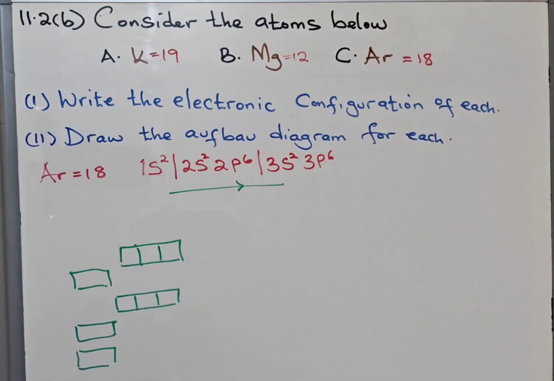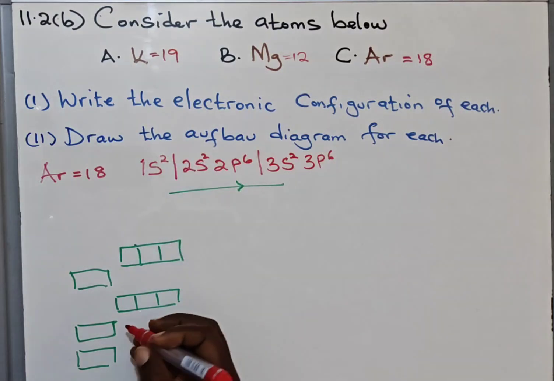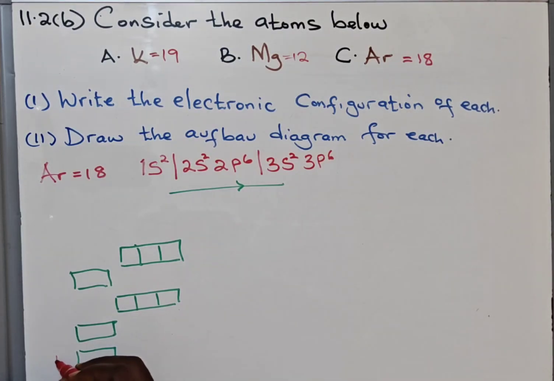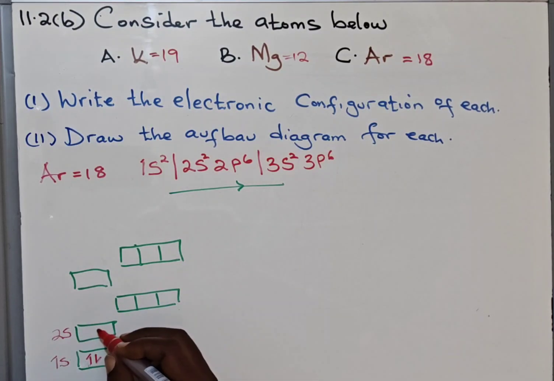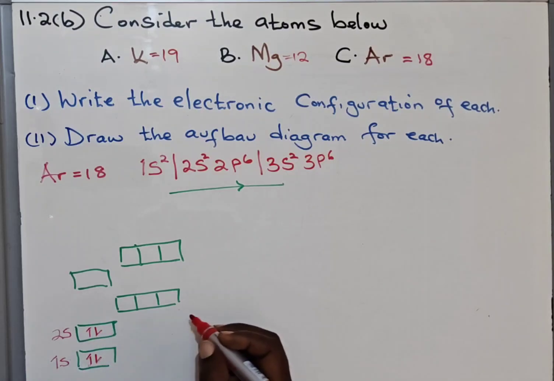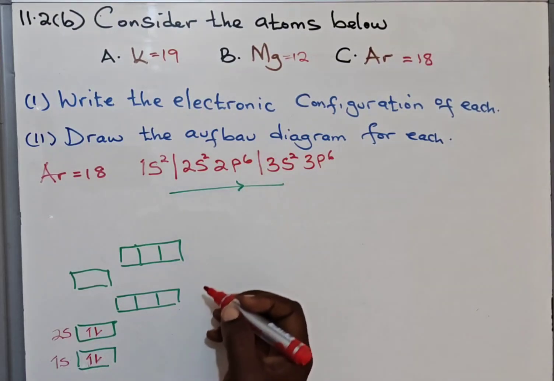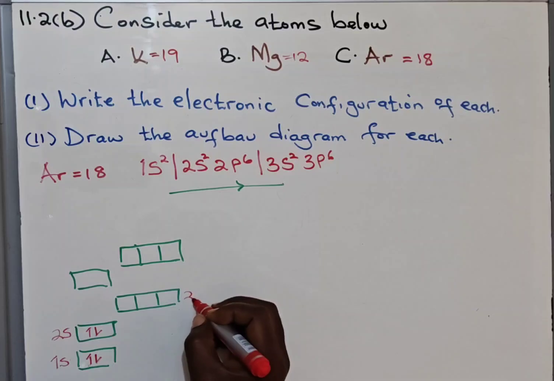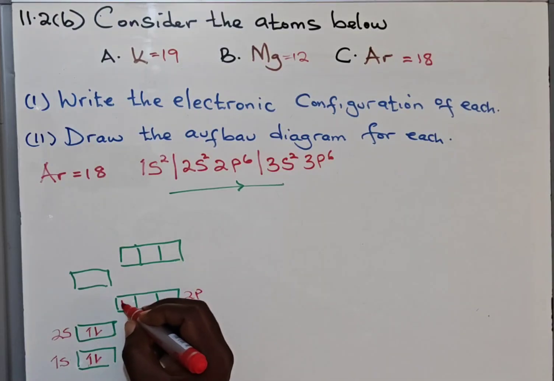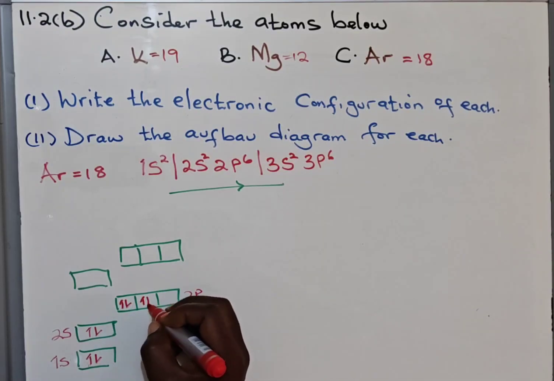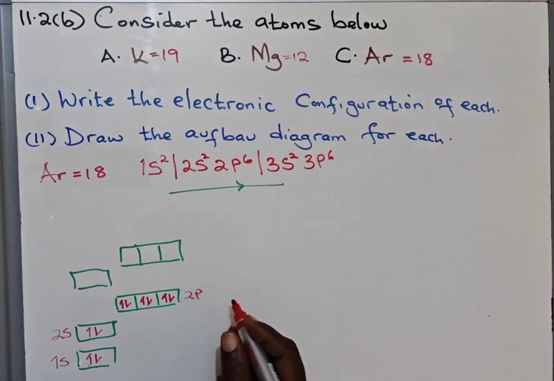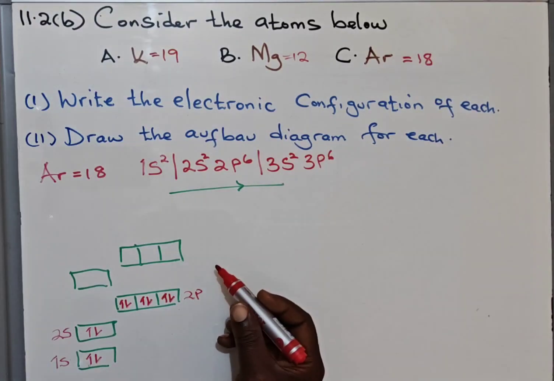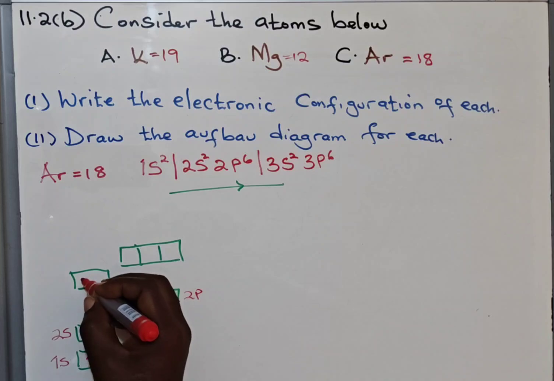Okay, so when you come to distribution of electrons, what do we see? This one is 1s, and it takes up 2. This one is 2s, and takes up 2. Then we come to 2p. It takes up 2 in each subatomic orbital. Then we go to 3s. It takes up 2.